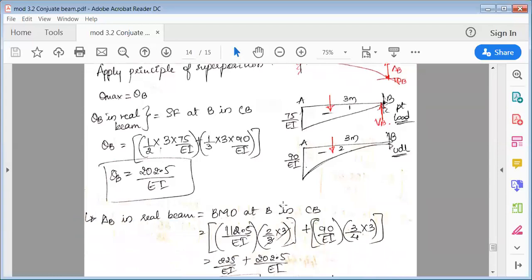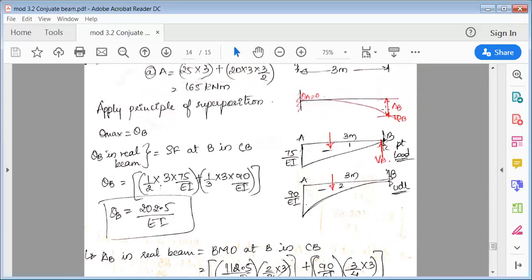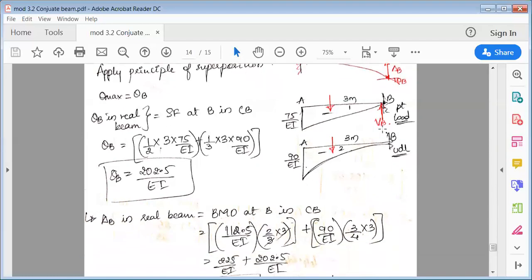Similarly, calculate delta B. Delta B is equal to the area of the triangle into its CG distance with respect to B, and the area of the parabolic curve into its CG distance with respect to B. So delta B in the real beam is equal to the bending moment at B in the conjugate beam. You have to consider both the diagrams now.